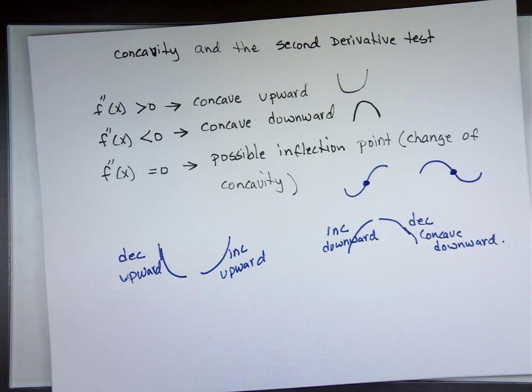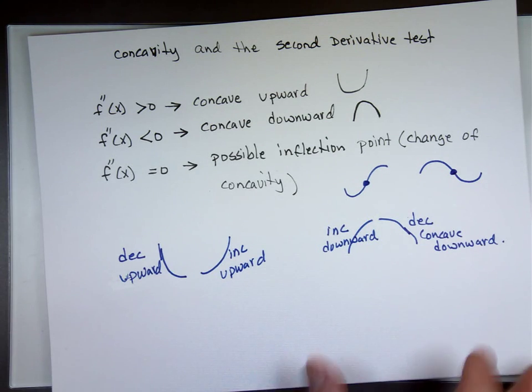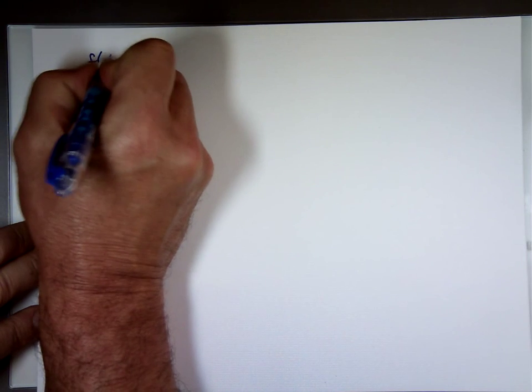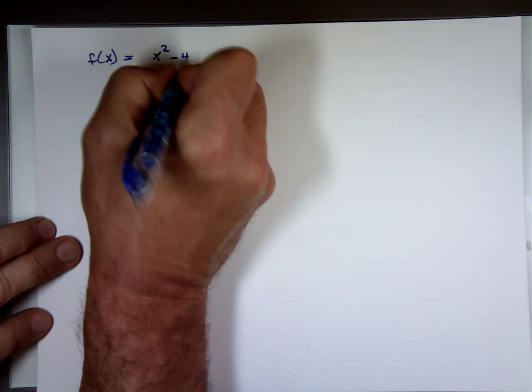Maybe I'll go back, just to speed up the process, and take one of the early examples that we did. Let's take this problem here. I know we just did that one, but I'll go through the whole problem. f of x is x squared minus 4 to the power of 2/3.